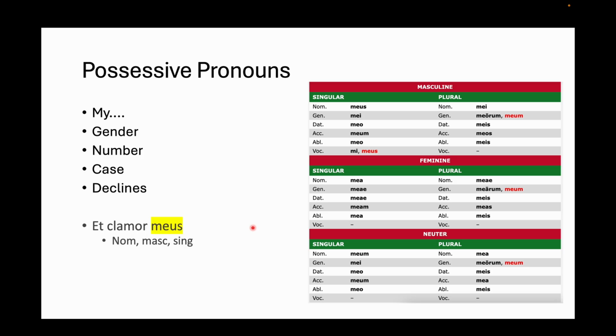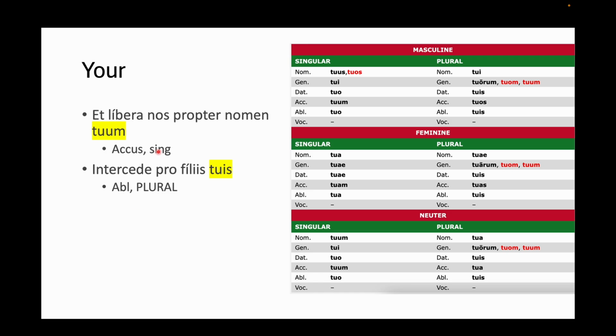So let's look at an example. An example would be et clamor meus, okay? My cry. So clamor is cry, et is and meus is in the same case, nominative, masculine, singular, as clamor is, okay? And dominus illuminatio mea, I'm going to actually skip over that, but it's the same idea.